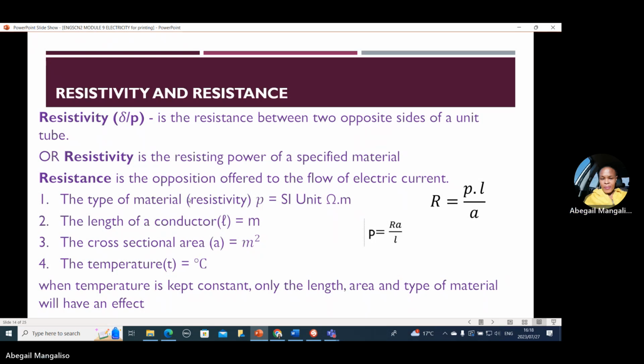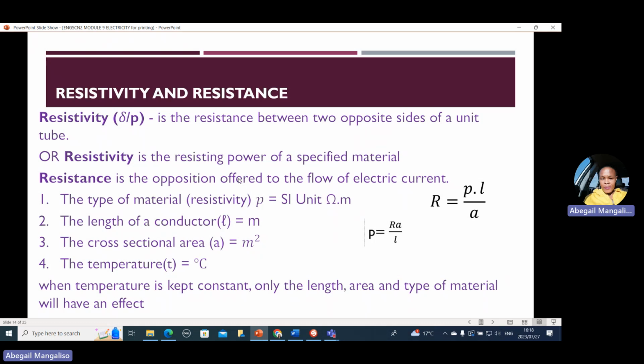Resistivity is how strongly a material resists the flow of electric current, whereas resistance is the opposition offered to the flow of electric current. Resistance uses the capital letter R, but resistivity uses ρ.